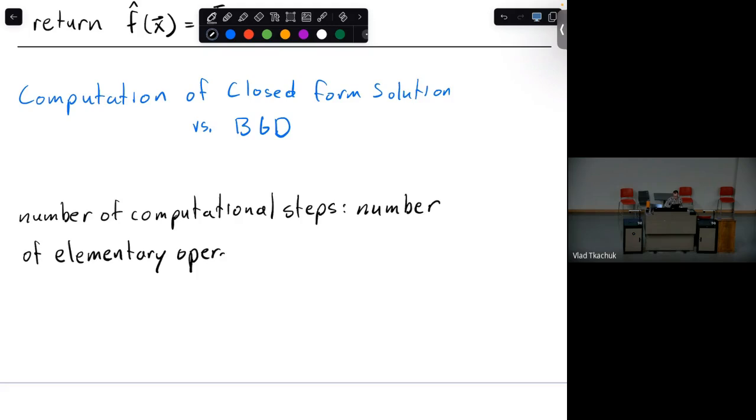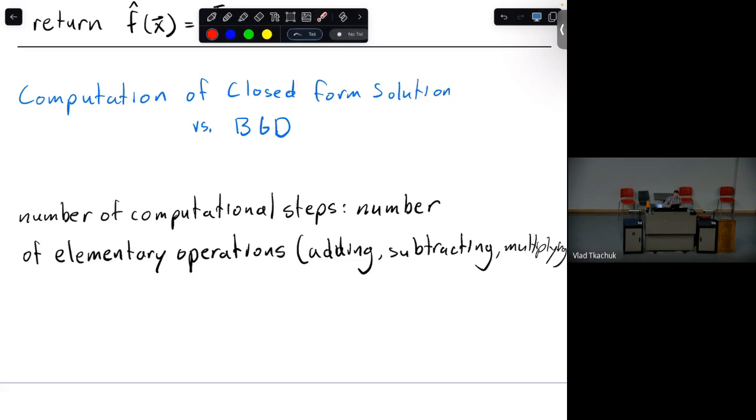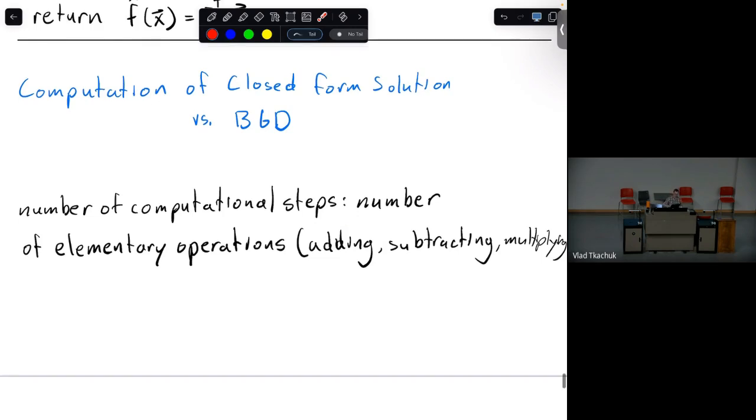These elementary operations are things like adding, subtracting, and we'll even do multiplying. Anyway, these kinds of things. So you count the total number of these things performed by your algorithm. On a computer, you think of each one of these as being run in constant time. Then you just count the total number, and you can compare two algorithms. Which one does more additions, subtractions, shifting, multiplying operations, because that's really all the computer is doing, and then you just compare the two. So that's all we'll do for these algorithms.